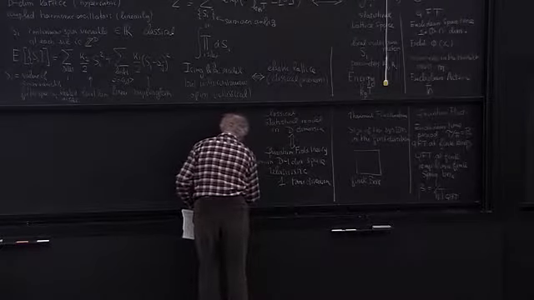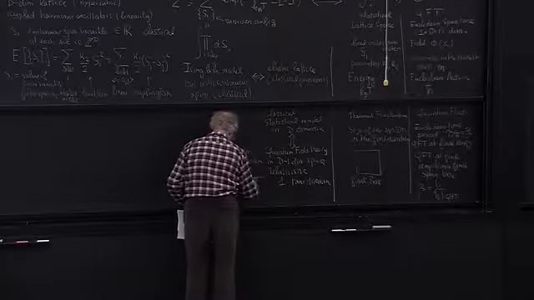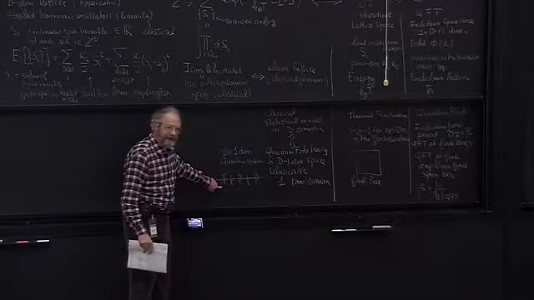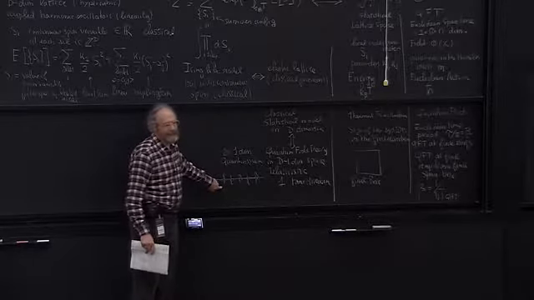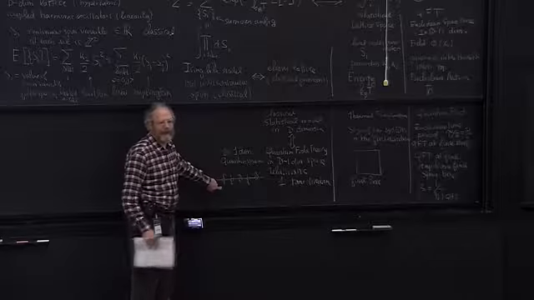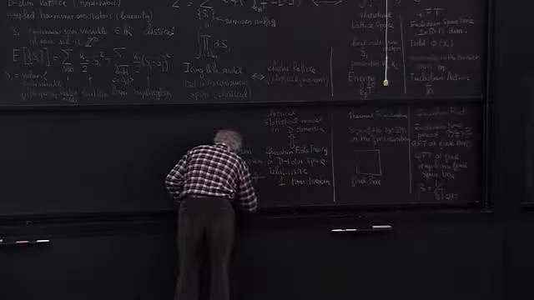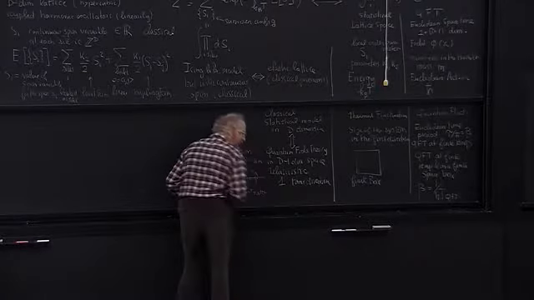So you have a one-dimensional chain. On each site, you have a quantum spin, not a classical spin. A quantum spin is described by an operator. Here at each site i, you have a spin, but it's an operator. So this is a quantum system.